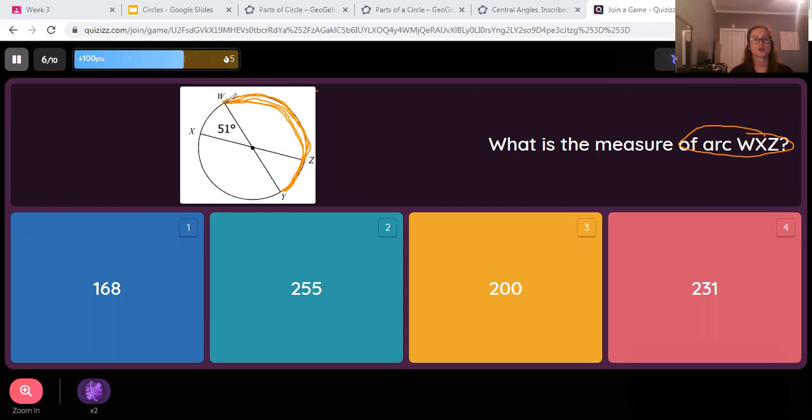And this arc is actually created with a diameter, which means it's a semicircle. WXZ. Oh, look, I did WZY. So really, if you did it that way, you would have gotten the wrong answer. You need WXZ.